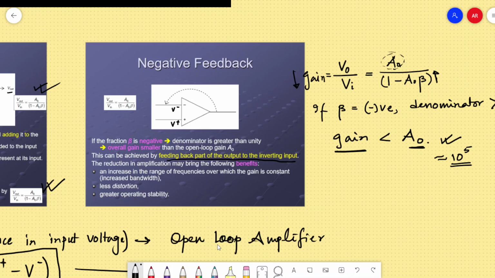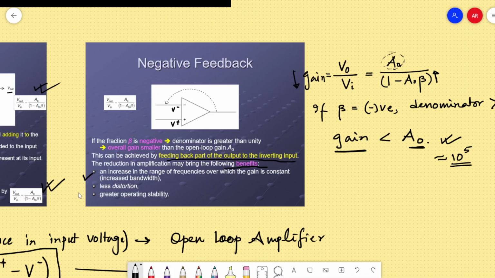So this gain should be reduced to a certain value so that it does not get saturated, and simultaneously it will give you some more benefits. These benefits are very essential to know, because these three benefits are to be written in your answer script. This question is quite frequent.